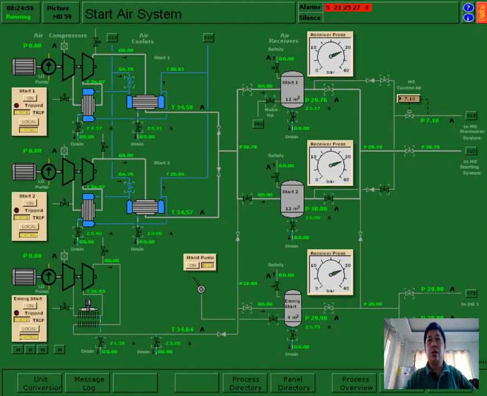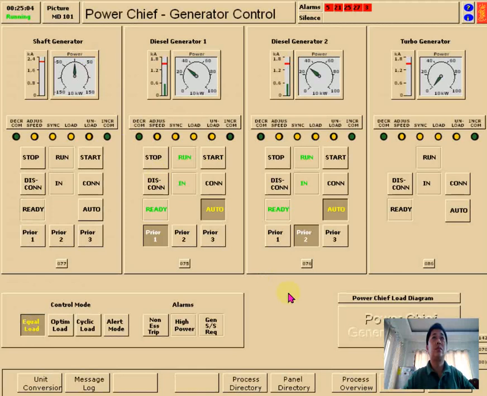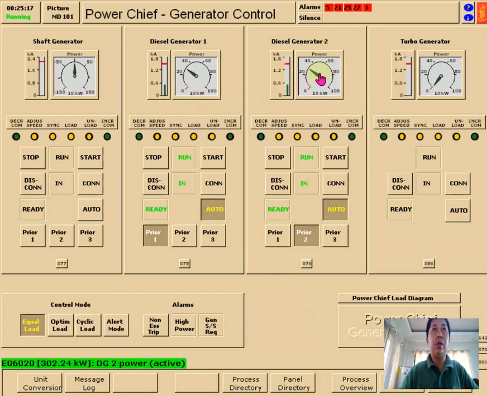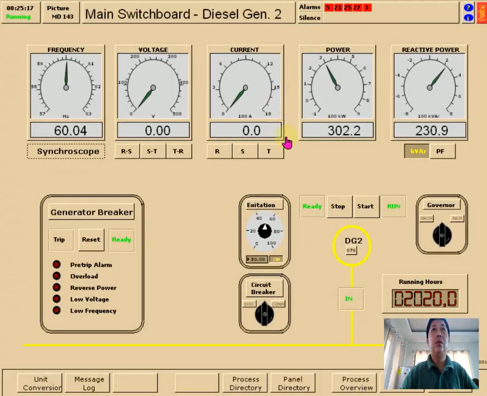Anyways, I will reduce the load here, the DG2. We will see what will happen. I will go to the DG2 and reduce it to 0.